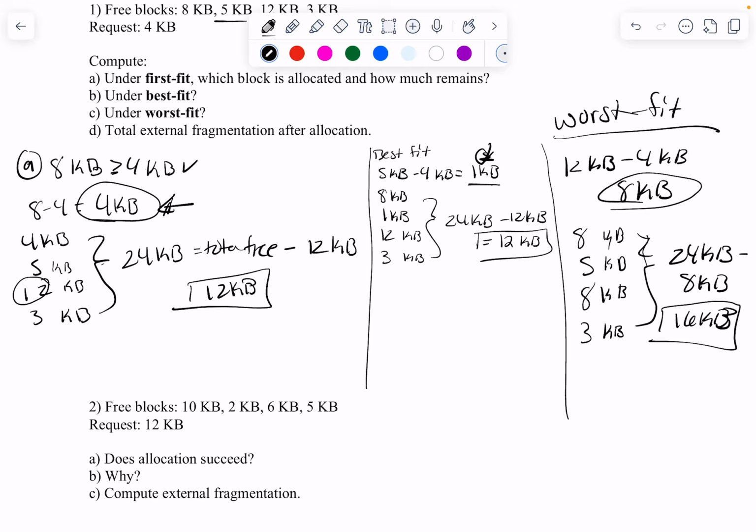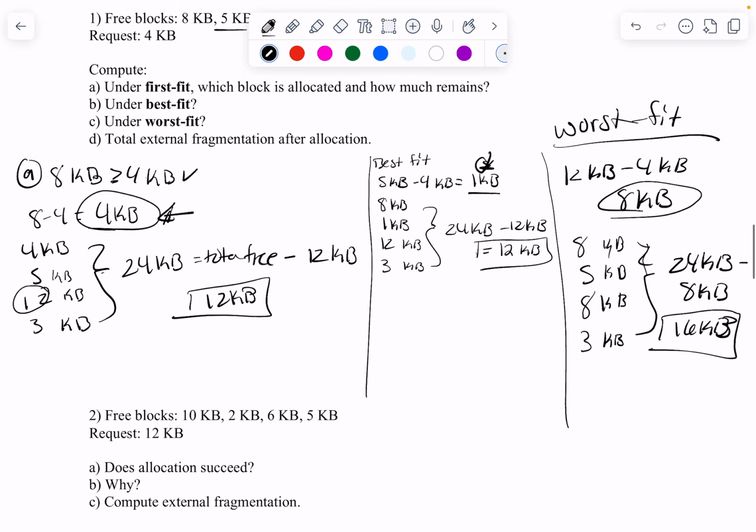And if we're comparing this, in particular, the worst fit leaves more unusable scattered space than the other two strategies. Again, best fit and first fit tied on total external fragmentation, even though they break up different blocks. All right, you guys can practice the other problems on your own.